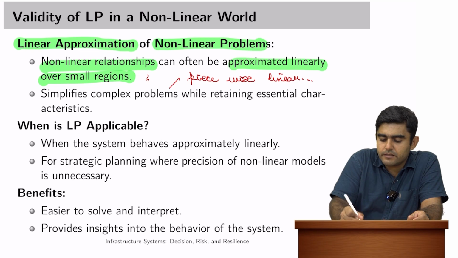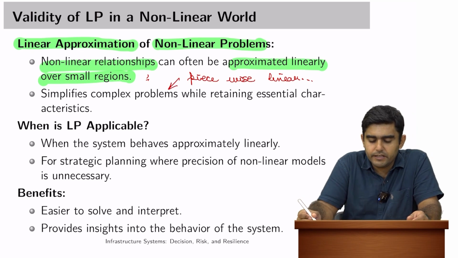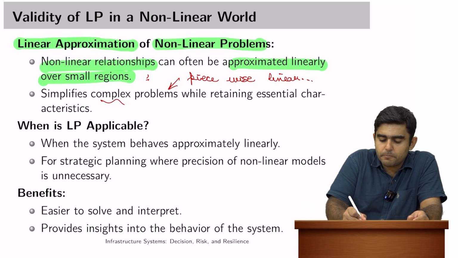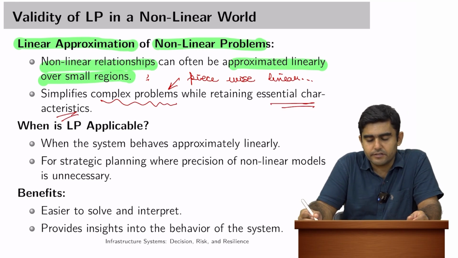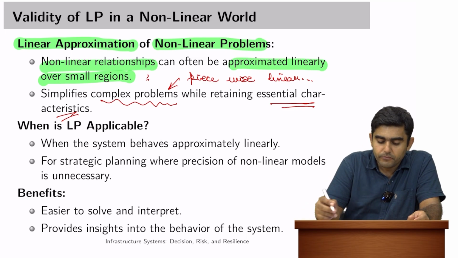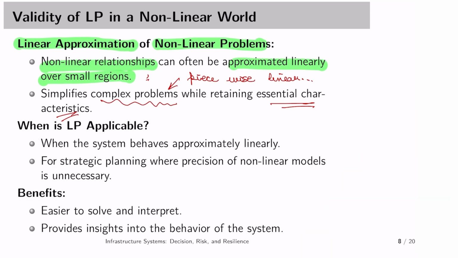And under this assumption of piecewise linearity, we simplify the complex problems while retaining the essential characteristics. So when is the linear programming approach really applicable? First, when the system behaves approximately linearly.